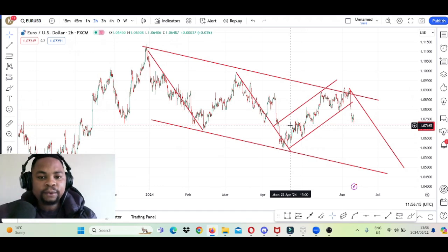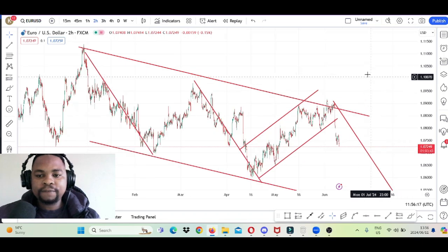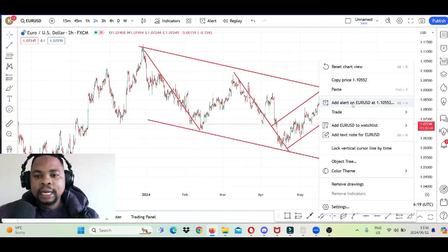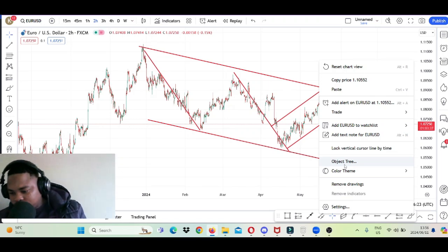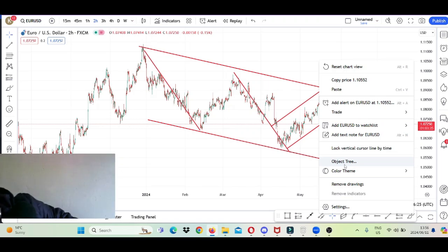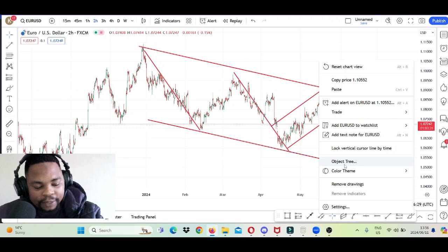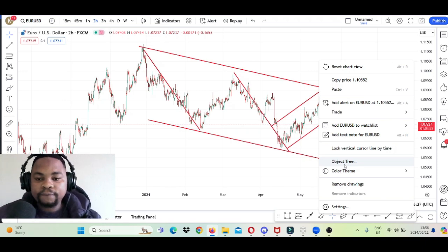The other one, which a lot of guys do not know, is that you can trade using TradingView.